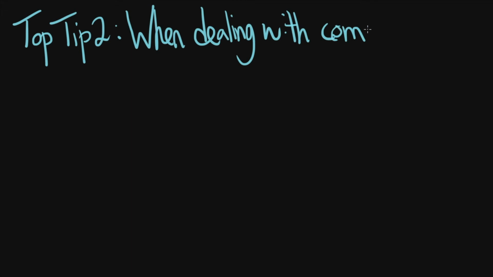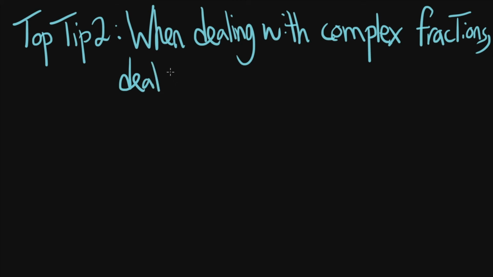Now you might be thinking, all my fractions are complex. What do you mean, Mr. Douglas? Well, complex fractions are when you have basically multiple things going on in the numerator and denominator. So when dealing with complex fractions, comma, for all you English majors out there, deal with the top and bottom separate.